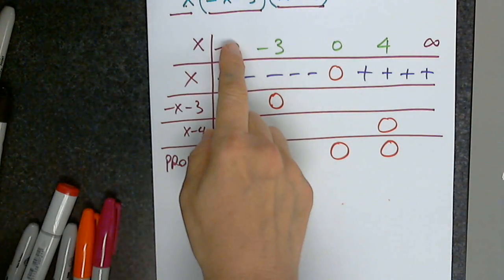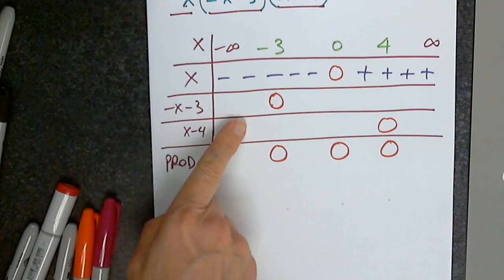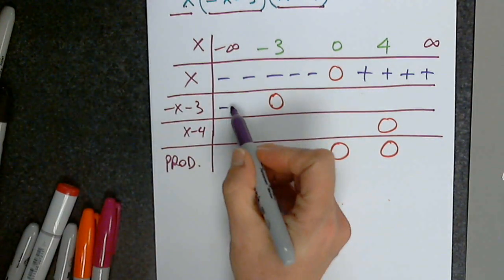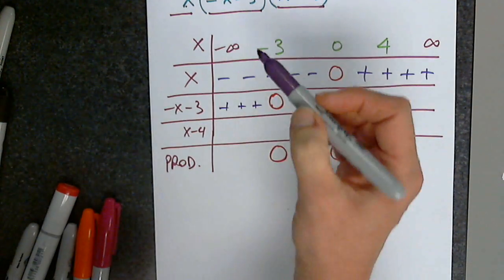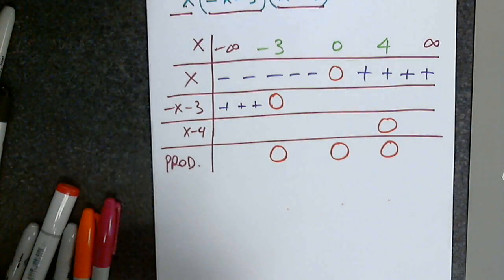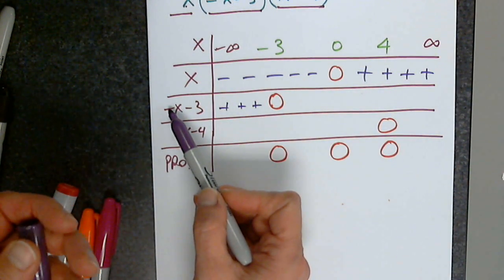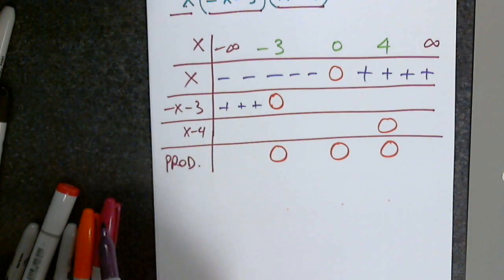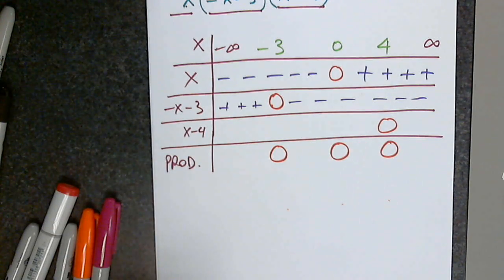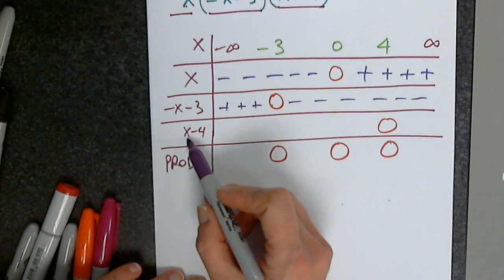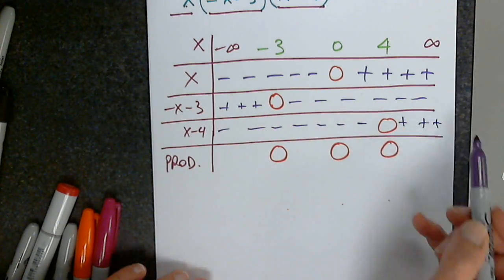Choose a number between negative infinity and negative 3. If you plug in negative 100, negative 100 with a minus in front is 100, and 100 minus 3 is positive. Is that okay? So these are the same, so it has to be the same sequence.